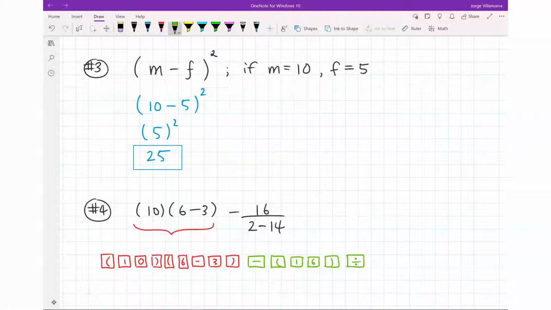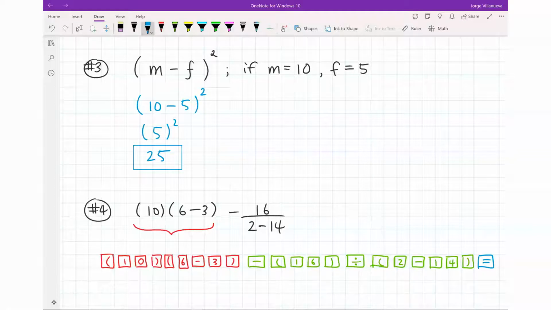And now it's saying, oh, so that's the numerator. Then I'm going to put another parenthesis. So now it says, okay, here comes the denominator. 2 minus 14. And then at that point, you're going to tap the equal sign, okay? And that should give you the answer.